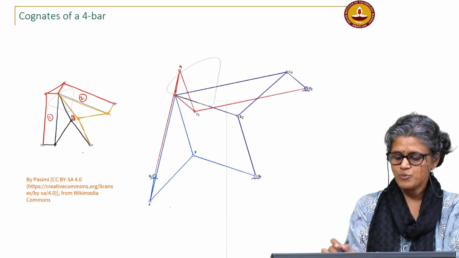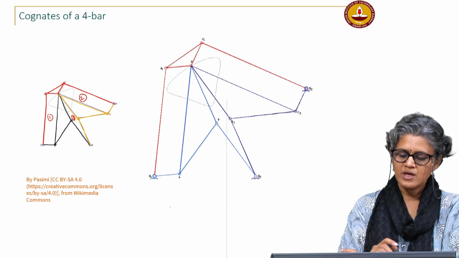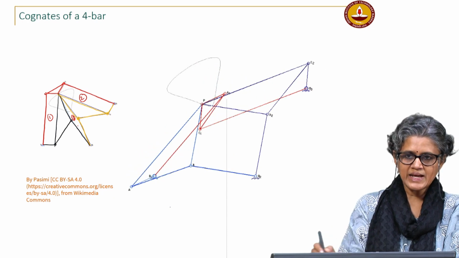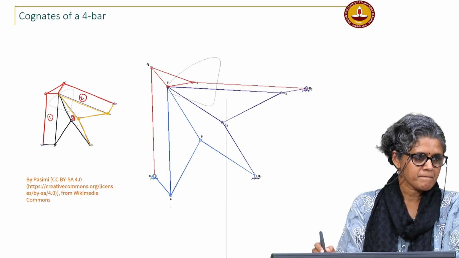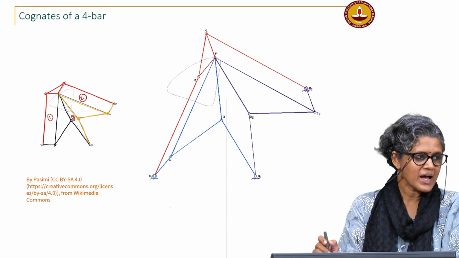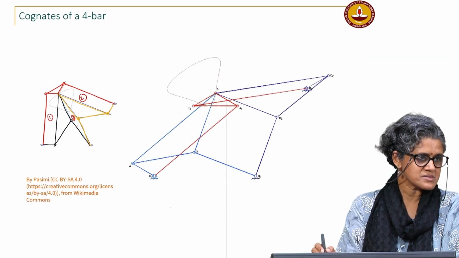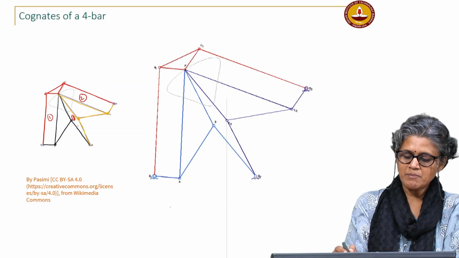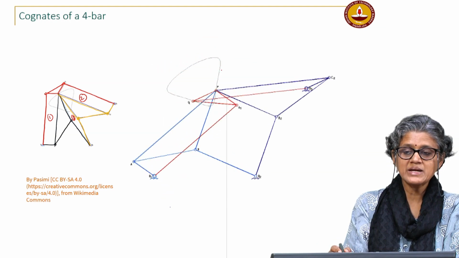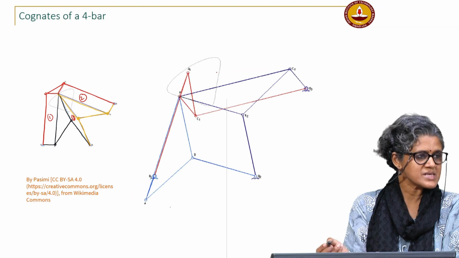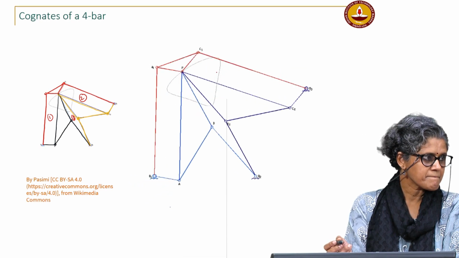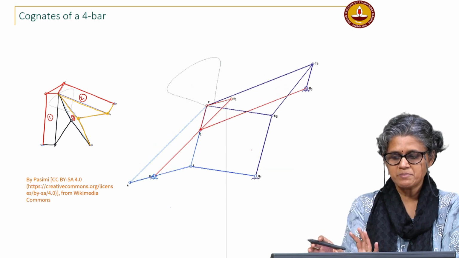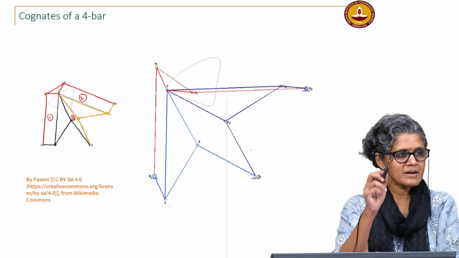These are just 4 bars. If I disconnect them, I will again get single degree of freedom mechanisms, and the curve that point P traces should be the same. I can disconnect the 3 linkages, make them separate 4 bars.